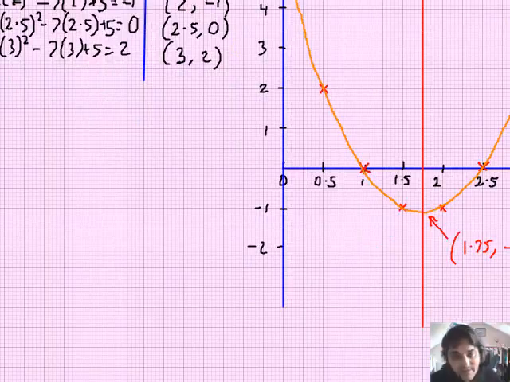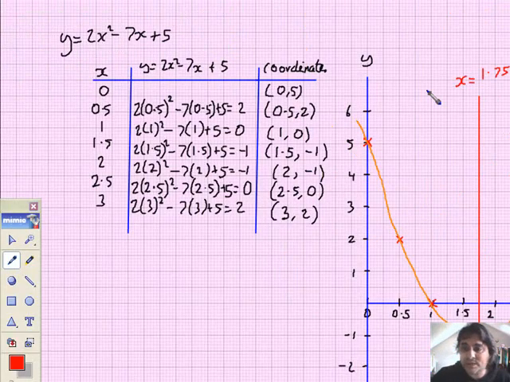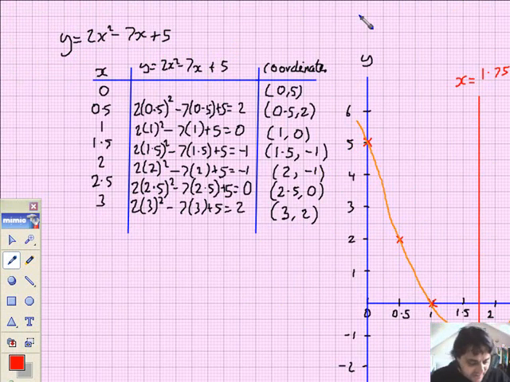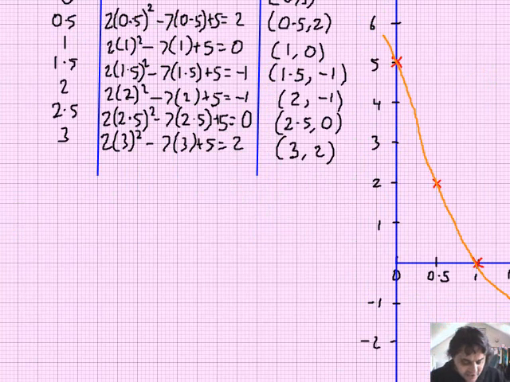Again, I could calculate it. If I was to put my 1.75 into this and get my y, who knows, but it should work nevertheless. And I'm going to pause and see what the answer book says and then get back to you. Yeah, encouraging sign. What they've done is actually calculated the y value. I've just read it off the graph.